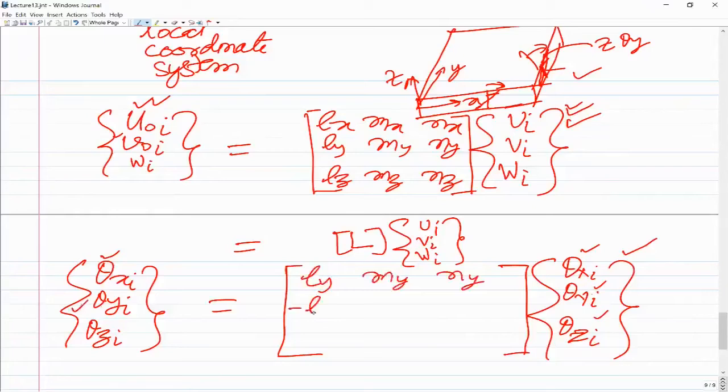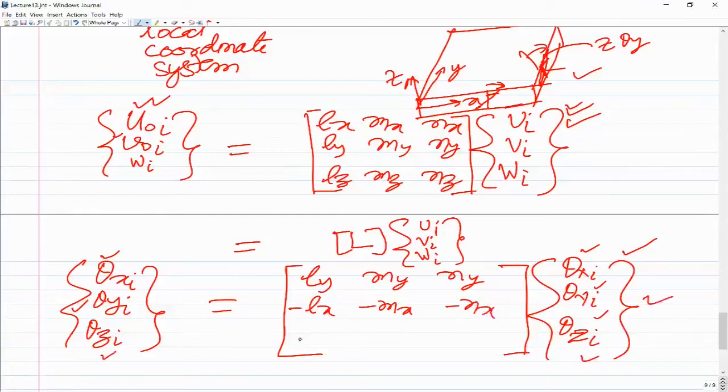So that would be minus lx, minus mx and minus nx. And then theta z of course is the same, here also about the local z axis, and this is about the global z axis. So that you can write as ez dot this vector theta capital xi, theta capital yi and theta capital zi.